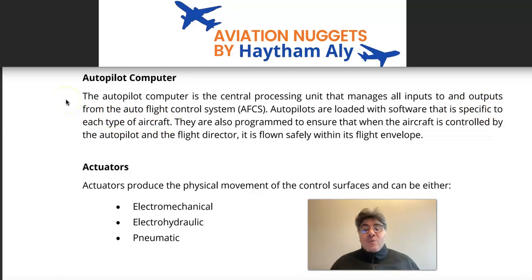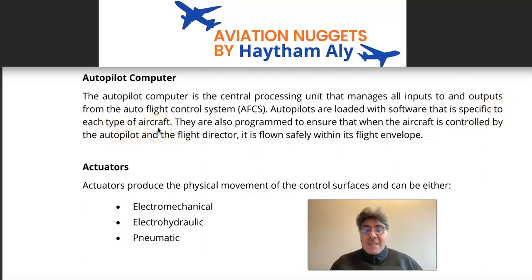In order to allow the autopilot to operate, the autopilot computer or FMGC needs to be uploaded with the navigation database, the performance database, the air data parameters, the inertial reference system parameters, and fuel and engine parameters.